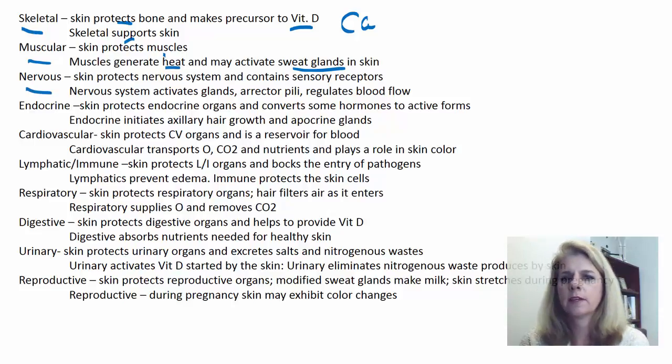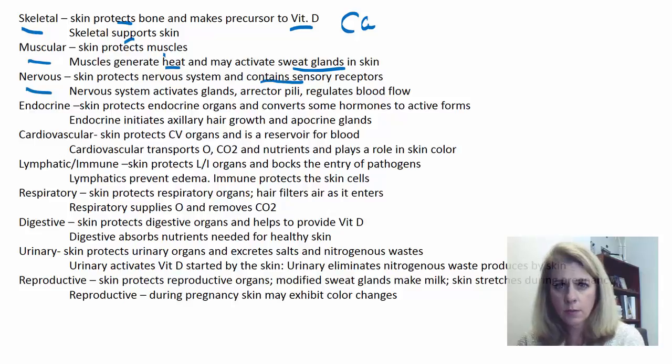Nervous system, again, protection. The skin protects the nervous system. It also contains receptors. Remember the Meissner's corpuscles and the Pacinian corpuscles. The way we can feel and touch, those receptors are in our skin, and they are part of the nervous system. The nervous system will activate glands, so it activates sweat glands.